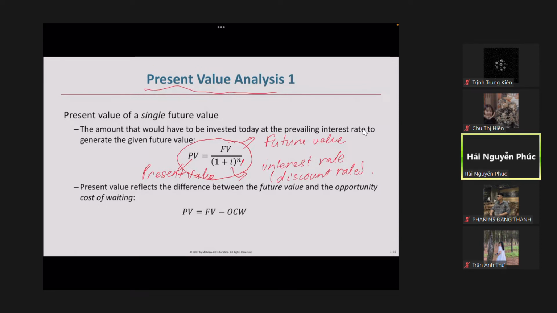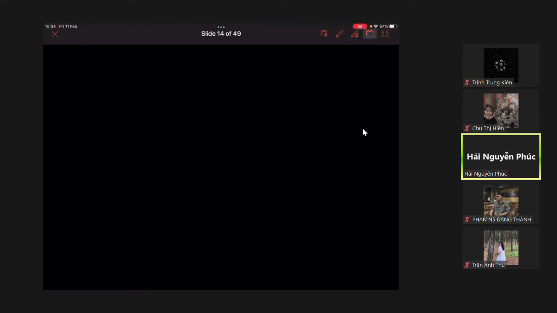Let's do an example. Suppose your parent promised to give you a sum of money in 2025. They promised to give you 1 billion Vietnam dong, right? You want to convert this number into present value. How will we do it? What would be the present value of this amount of money?